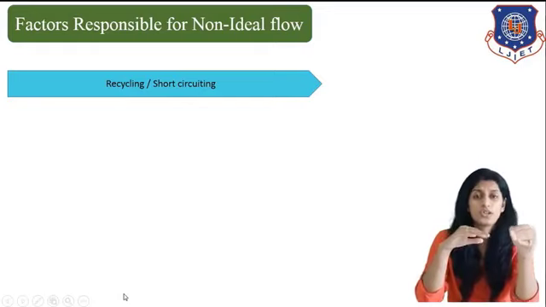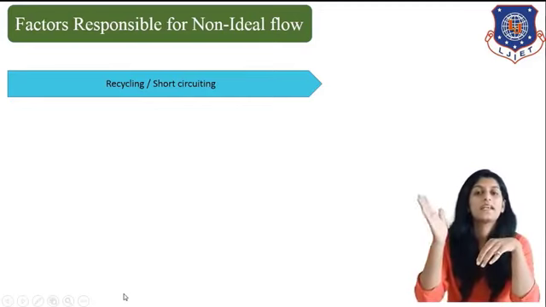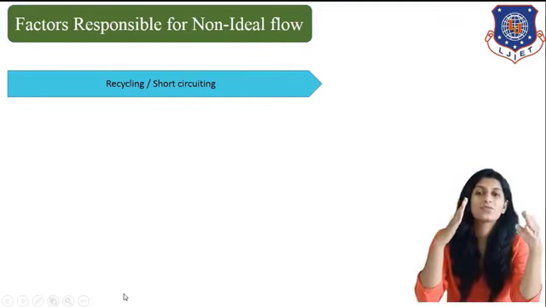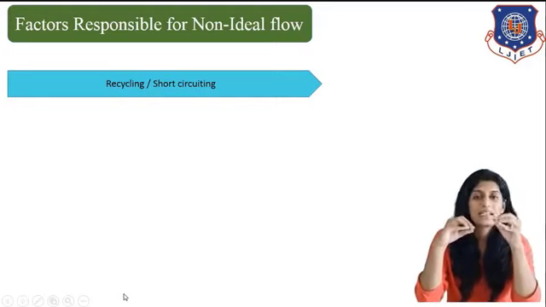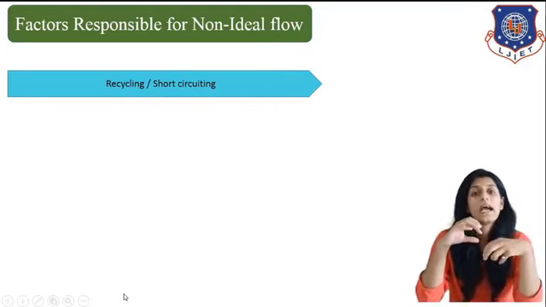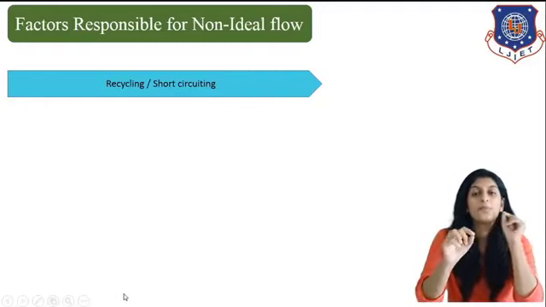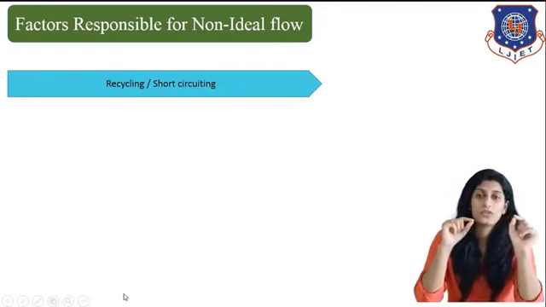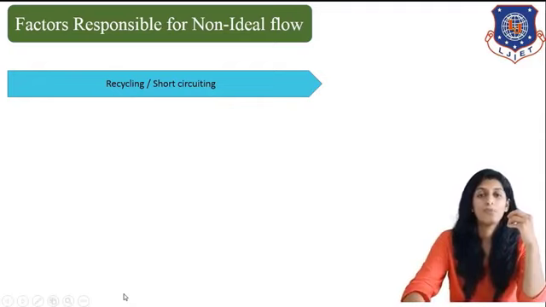Another reason is short circuiting. Short circuiting is a phenomenon when the reactant passes through the reactor without getting converted into product. When the reactant does not participate in the reaction and leaves the reactor as it is, without undergoing any reaction or conversion, that phenomenon is known as short circuiting. So in the case of short circuiting also, there is a possibility of non-ideal flow.